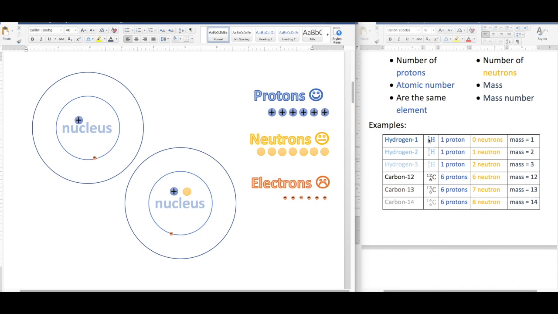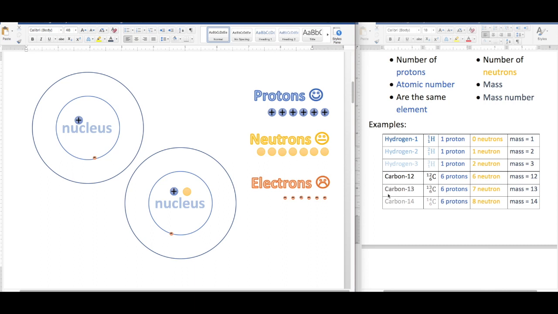And then the superscript number is the mass. So 1, 2, 3 corresponds with the total mass, 1, 2, 3. And the mass, of course, is the sum of the protons plus the neutrons.